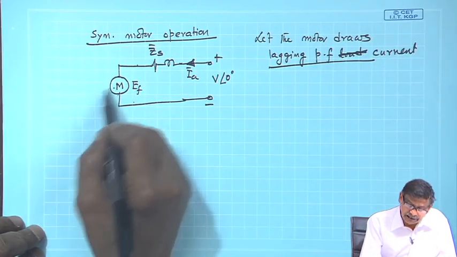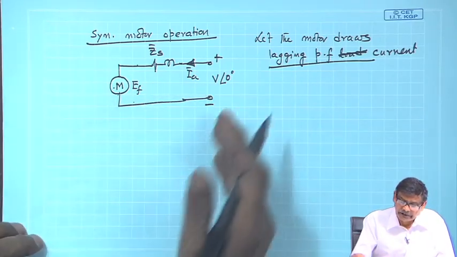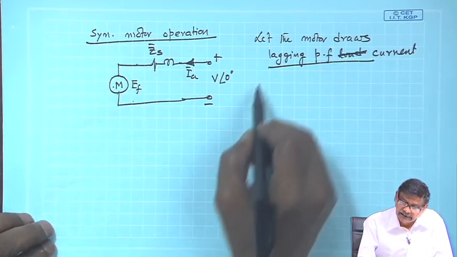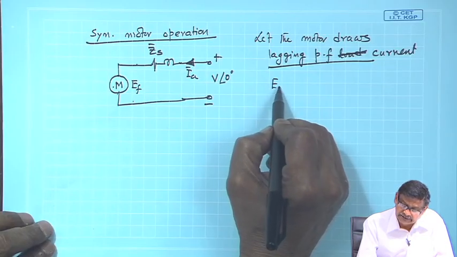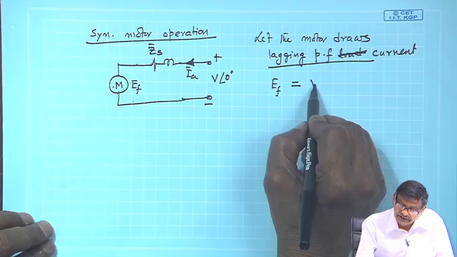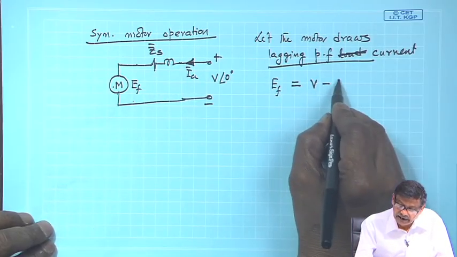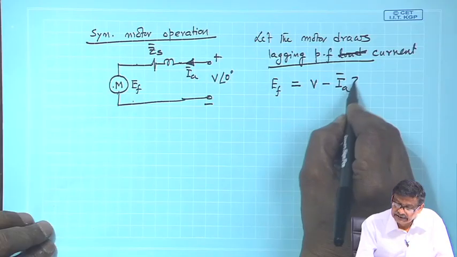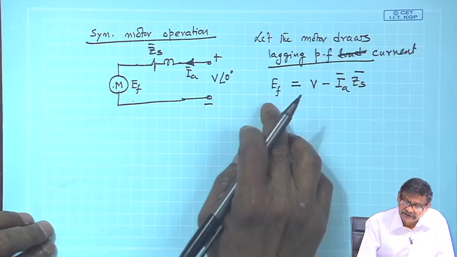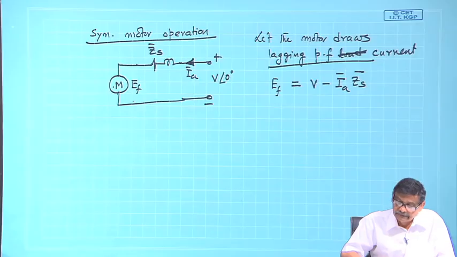Its load is a mechanical load on the shaft, and it draws at some steady operating point, like that. Then I will say that this E f should be equal to V minus I a Z s. This will be the magnitude of the RMS voltage.